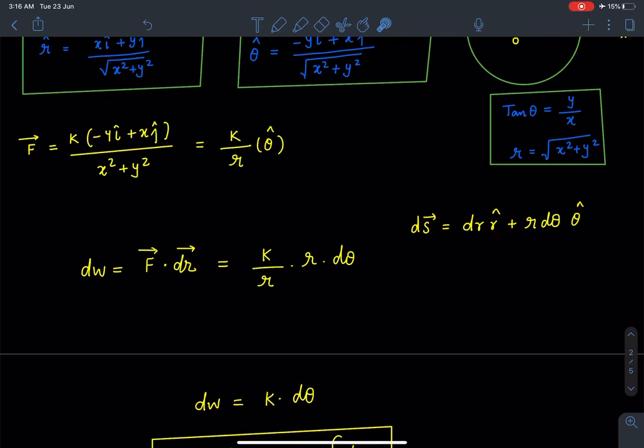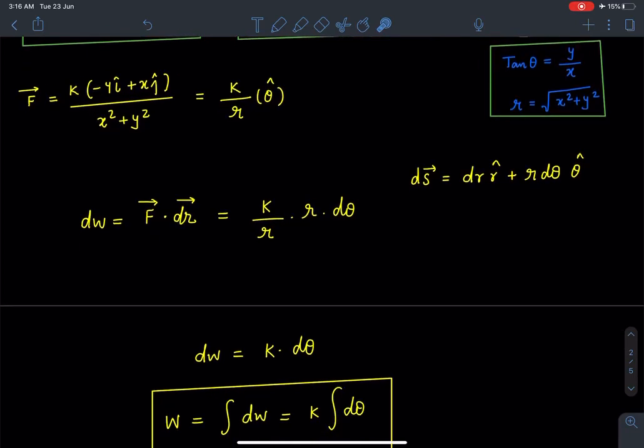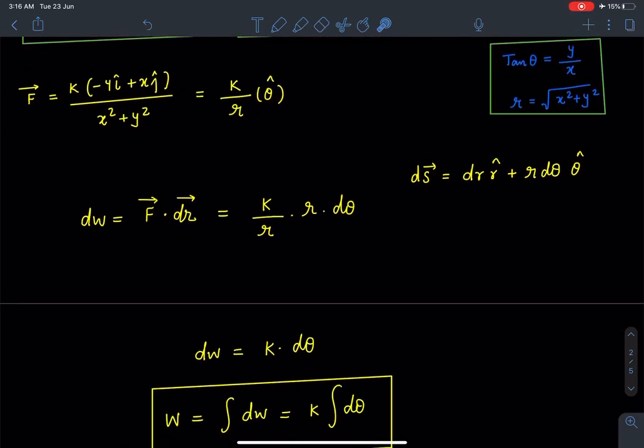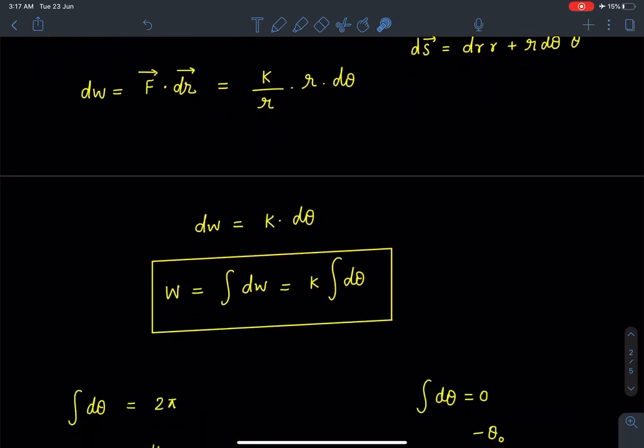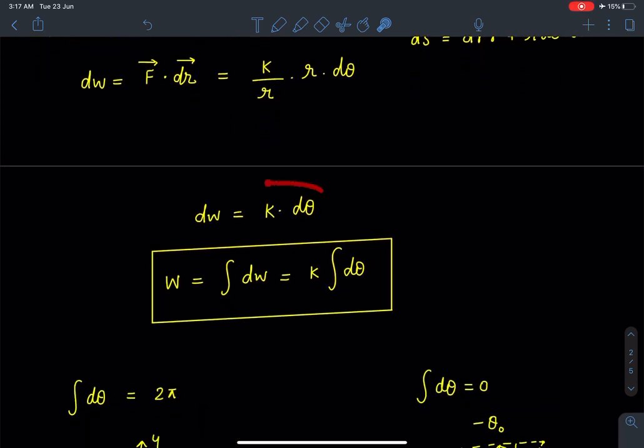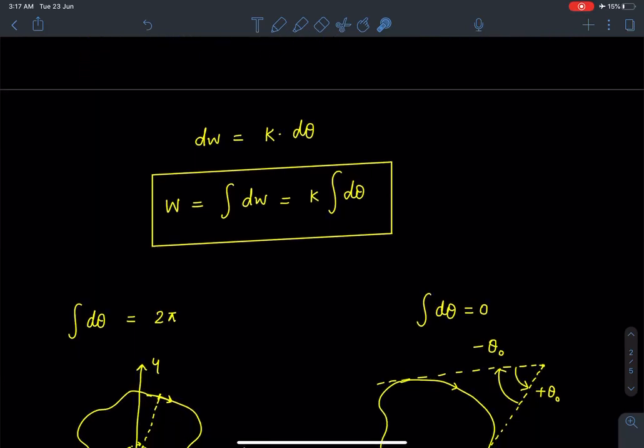If we calculate the work done using the dot product of force and displacement, F dot dr, we get k by r times r d theta, as r cap dot theta cap becomes 0 and theta cap dot theta cap is 1. Therefore the dW expression becomes k d theta.